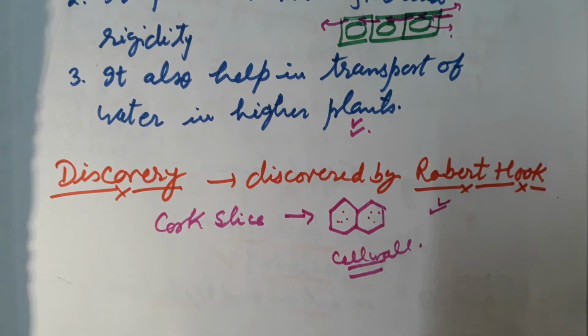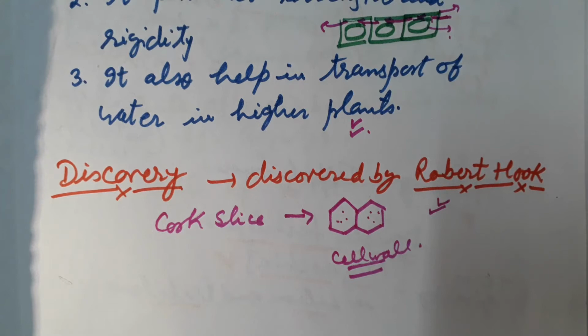But later on we came to know the basic structure of the cell, what is present inside the cell. Inside the cell, nucleus is present, cytoplasm is present. Around the nucleus and cytoplasm, what is there? Cell membrane is there. And outside the cell membrane, cell wall is there.